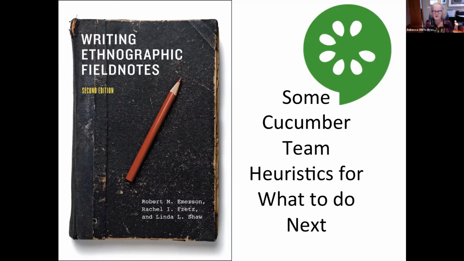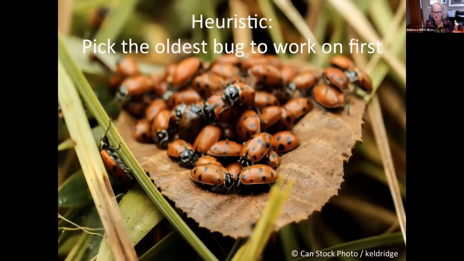So one of the things that they did for what to do next, and again, these are heuristics, and heuristics are context dependent, which ones you may choose. On a day in the late afternoon when there were no urgent problems, they picked the oldest bug to work on first.